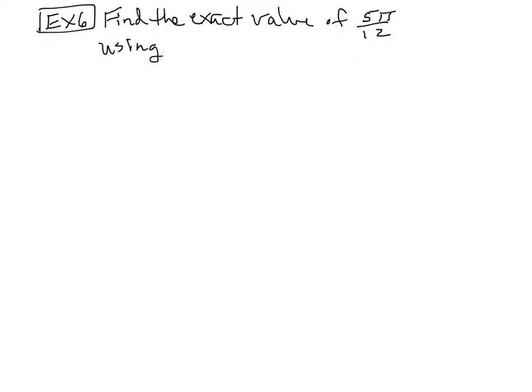So for example 6, you will find the exact value of 5 pi over 12 using half angle identities. Looks like a kindergartner's writing that. Yay.